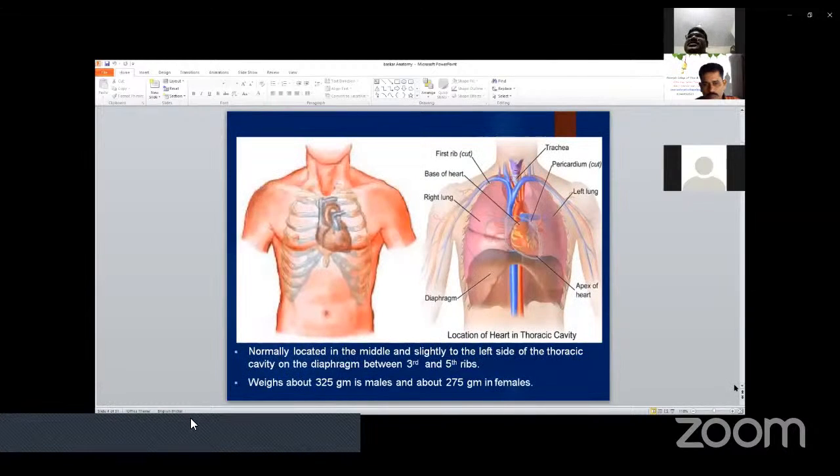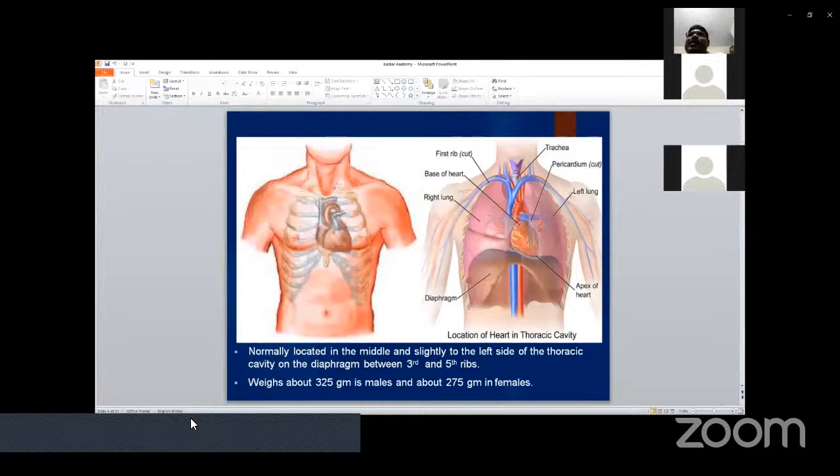In the next slide, here you can see the picture of your thoracic cavity. In the thoracic cavity, the heart is protected. A heart is an organ which has only muscles, and it is protected by our thoracic cavity with the help of our ribs.